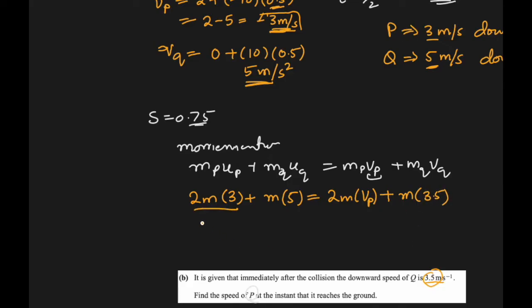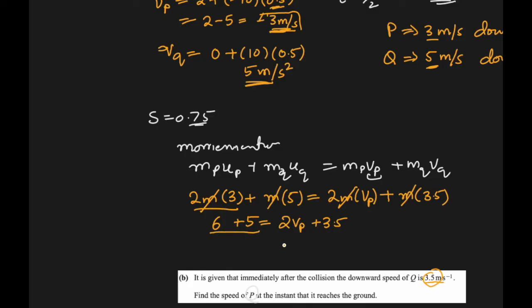So this becomes 6m. First of all, let's cancel all the m's. We can divide the whole equation by the same m so that these m's are gone. So we're left with just 6 here, plus 5 equal to 2 vp plus 3.5.